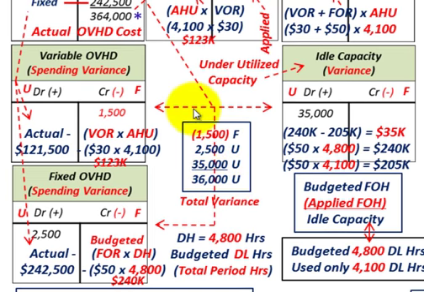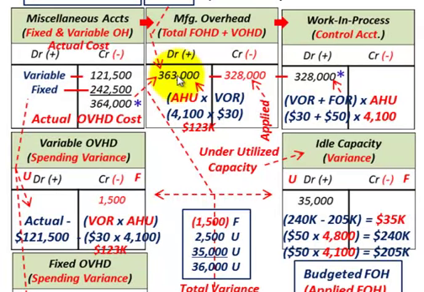But to make a point of it, if we go back, when we look at our budgeted fixed plus our actual variable, it is 363,000, and we compare it with our actual overhead cost of 364,000. That $1,000 difference was accounted for by the variable overhead spending variance and the fixed overhead spending variance. We calculated the variable one as actual versus the variable overhead rate times the actual hours.